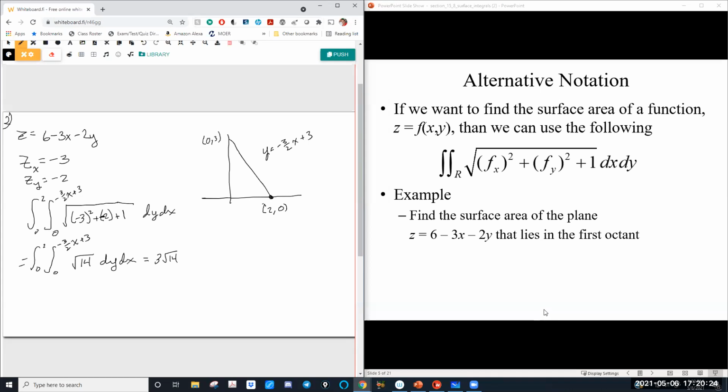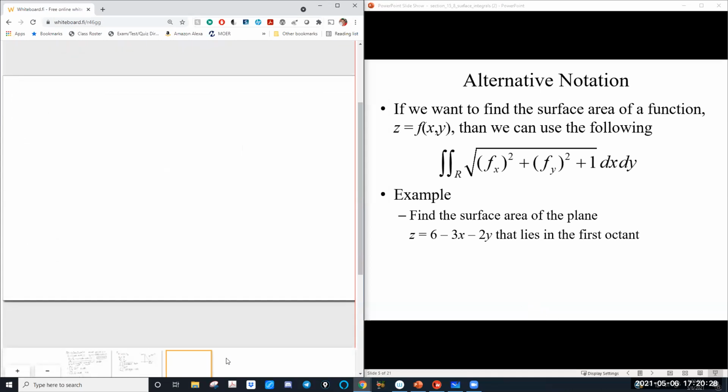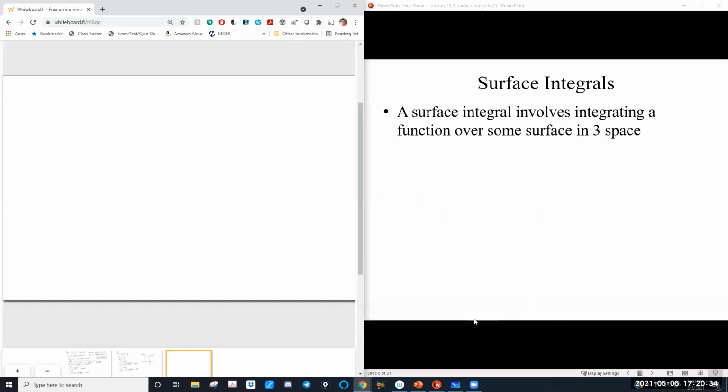So that's surface area. The next thing we're going to talk about are surface integrals, because they're just an extension of surface area. So what we're doing now is integrating a function over a surface.